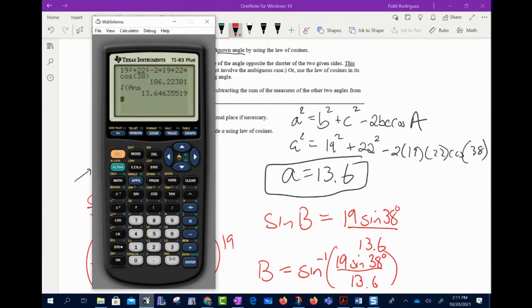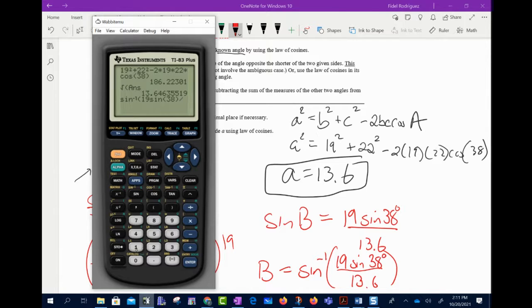So again, I'm going to grab my calculator and we're going to go slowly. So we're going to go second sine inverse 19 times the sine of 38 degrees. So y'all, one thing I want to mention is, whether you're using a calculator or the calculator app, if your calculator, like my calculator here, this is an older version, the TI-83 Plus, opens up parentheses for my angle, I need to close those parentheses off, okay?